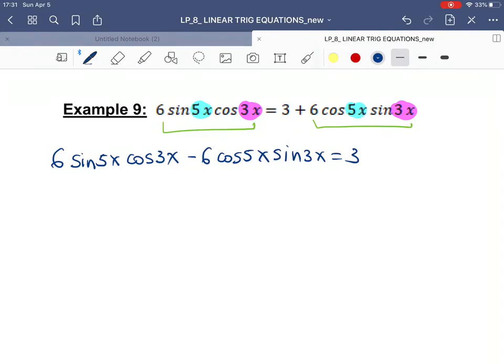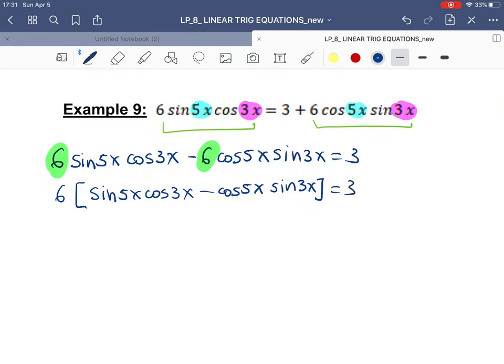So we can factor out 6. It looks like we have a common factor in here of 6. So I'm going to take that out. So sine 5x cos 3x minus cos 5x sine 3x equals 3. So still 6.